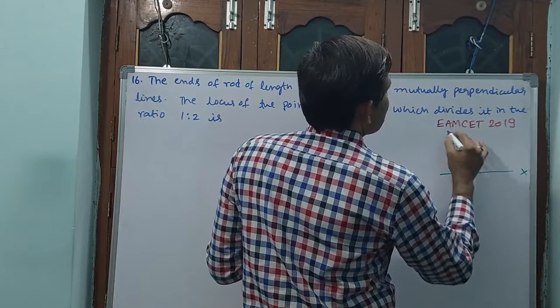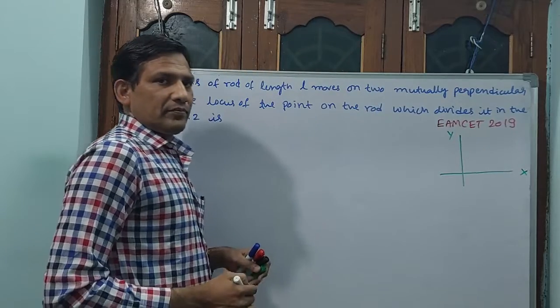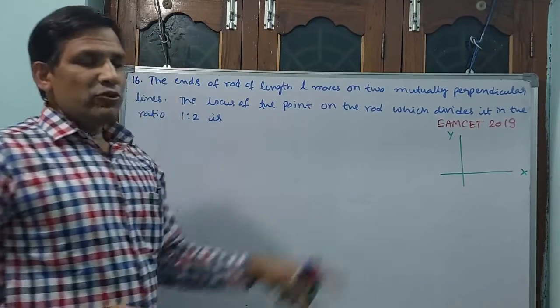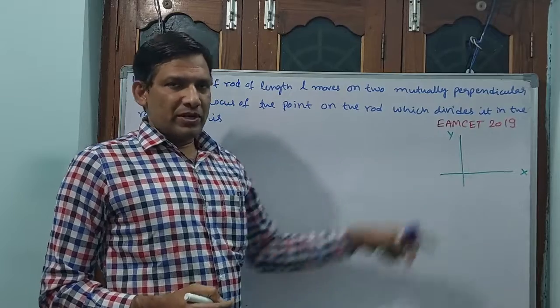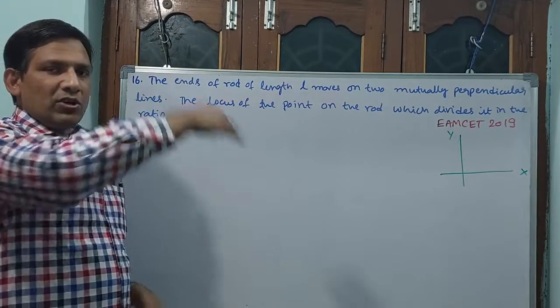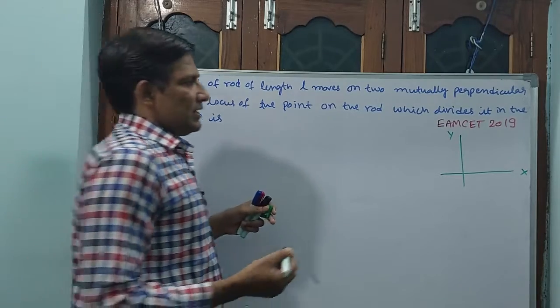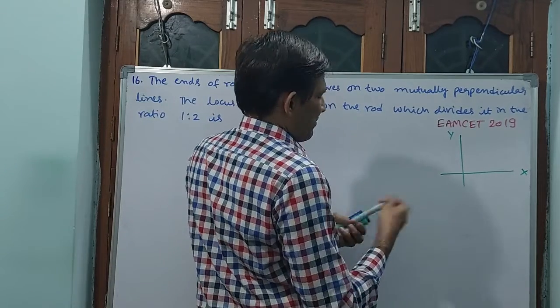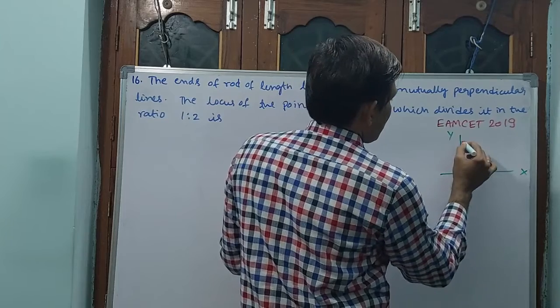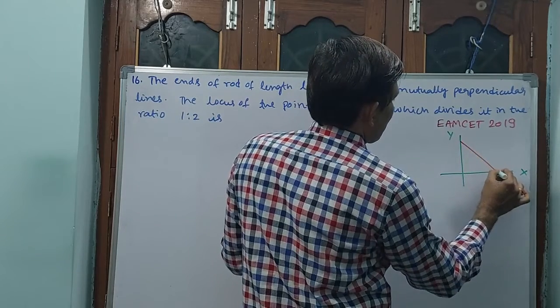Say this is the x axis and this is the y axis. These are mutually perpendicular to each other, and the rod is moving and touching them.